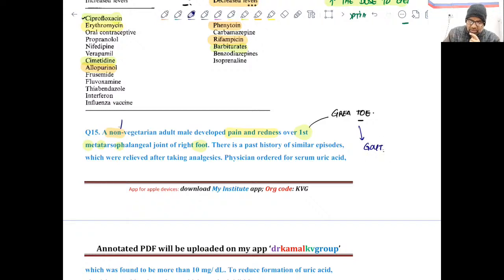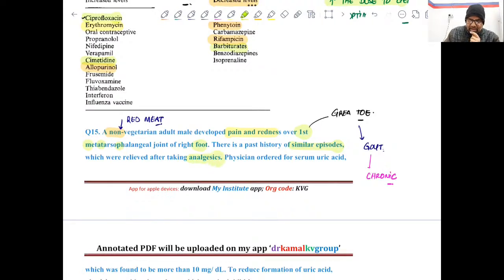And this is especially seen in people who take red meat. So this seems to be a case of gout. Now the person is having similar episodes before, so it means this is going towards chronic gout. And how were the previous episodes managed? They were managed by taking analgesics.